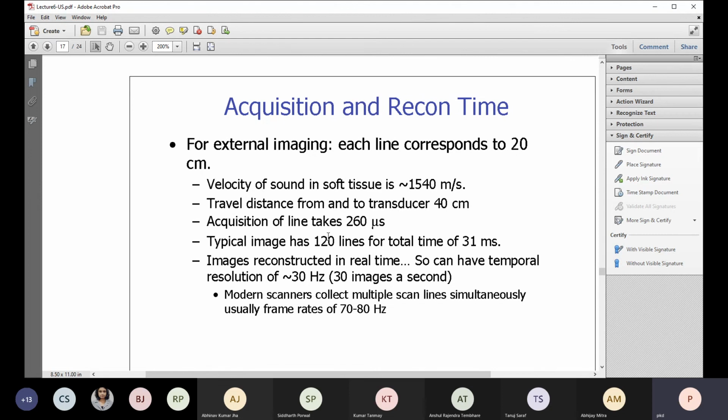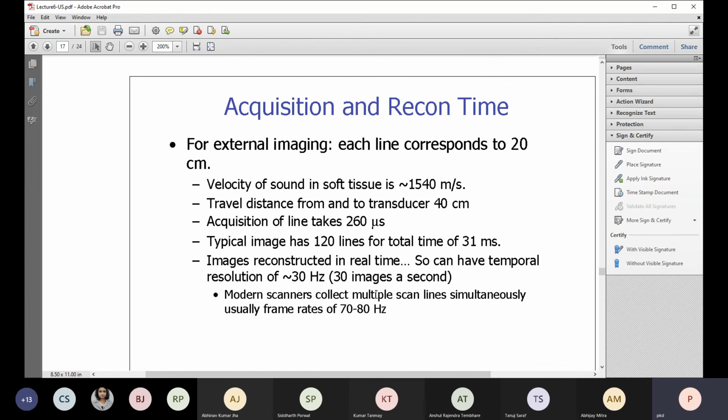Then acquisition of a line takes around 260 microseconds. A typical image has 120 lines for a total time of 31 milliseconds. So the image is reconstructed almost in real time. Because it is 31 milliseconds, we can have images at about 30 hertz.